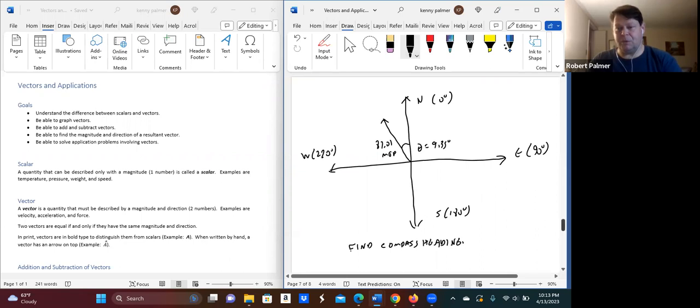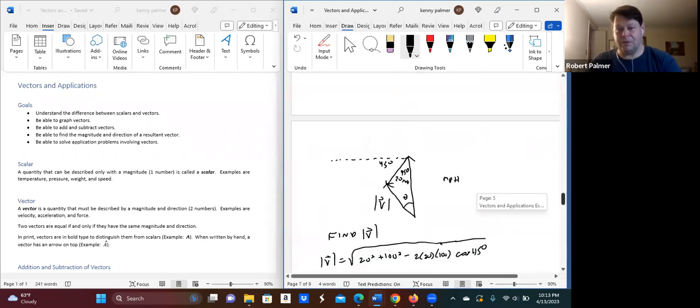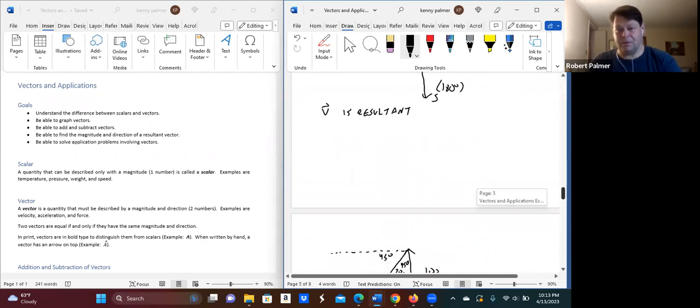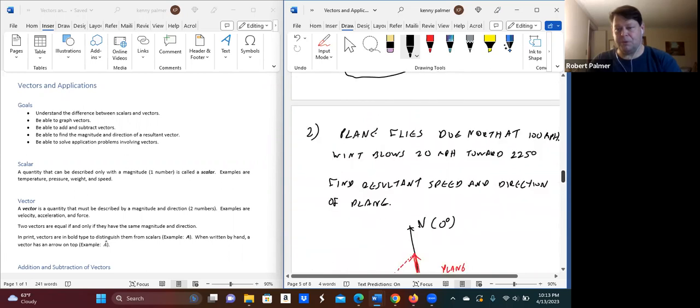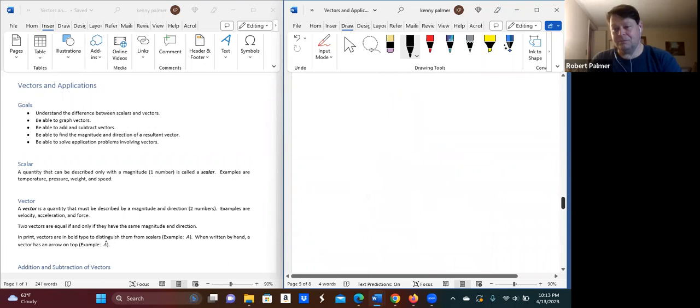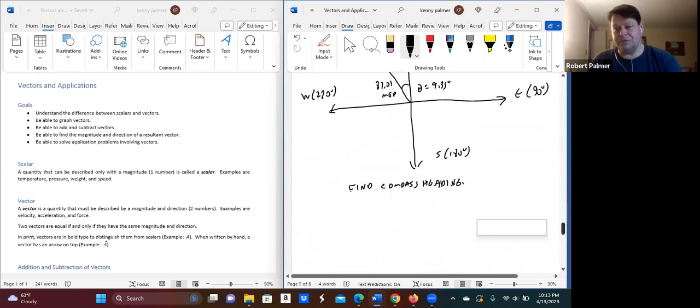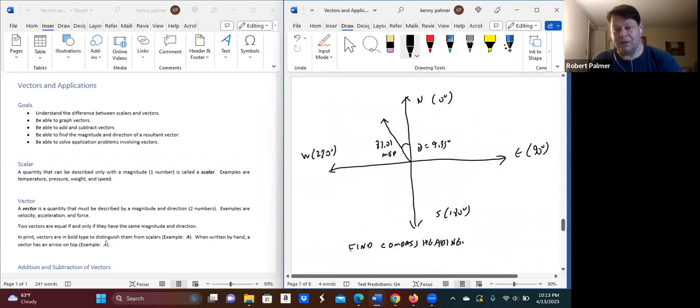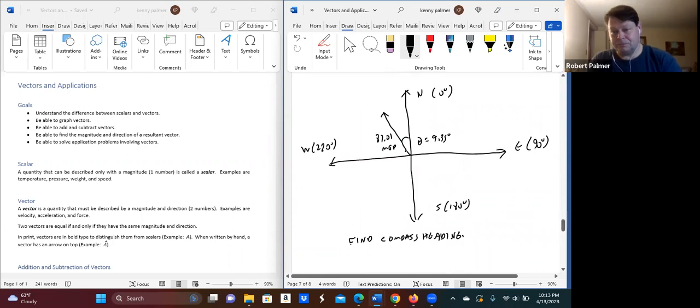So let's go back and take a quick look at that original picture. Okay, I found this theta. Now if we find this angle with the x-axis, a couple ways we can do this. Let's find this angle with west. Okay, so this angle, let's call that angle alpha.